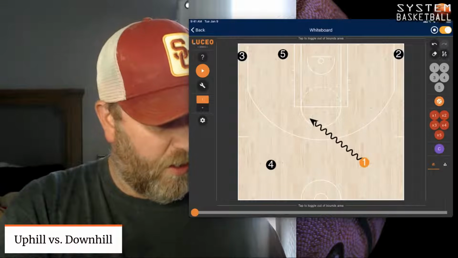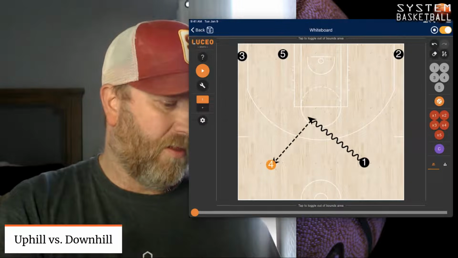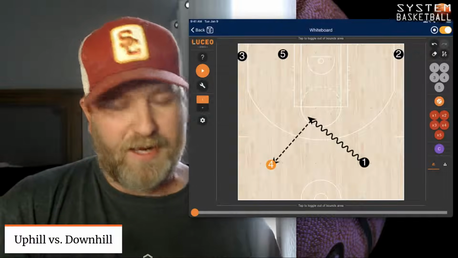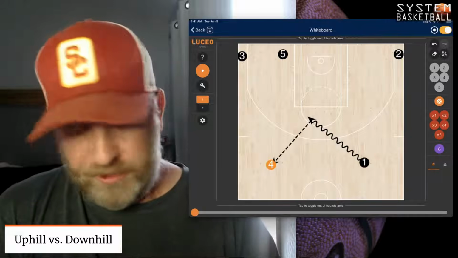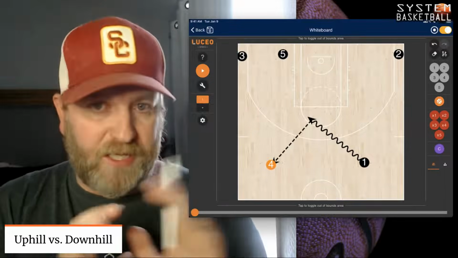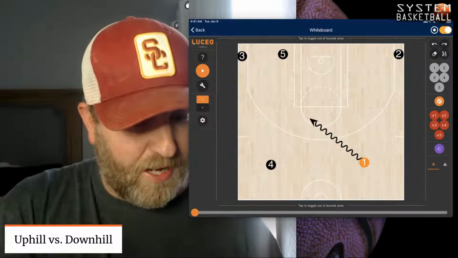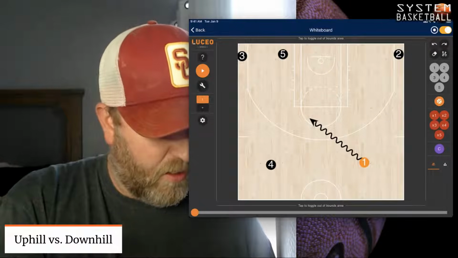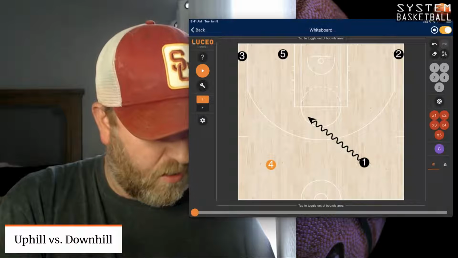So if you threw it here, they're not really playing downhill. They're stationary, and I wouldn't really call it uphill here, but they're stationary and they're not using their momentum of being like a running back. That's how I would kind of explain it. This player is going to come across.